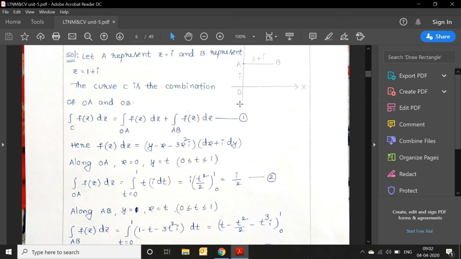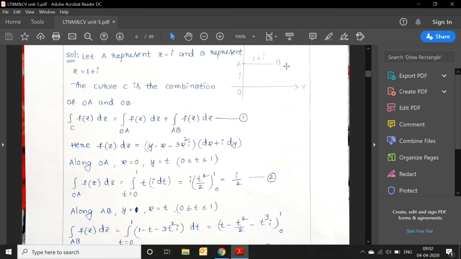But if you convert into y, then we can take directly y, and y limits are 0 to 1, x you can substitute as 0, dx is equal to 0, and dy is as it is, we can write directly. Otherwise we can convert into t, y is equal to t, and the limits for t are 0 to 1.